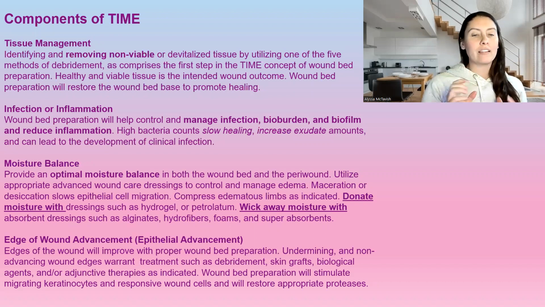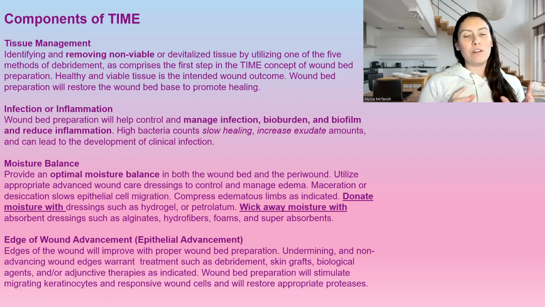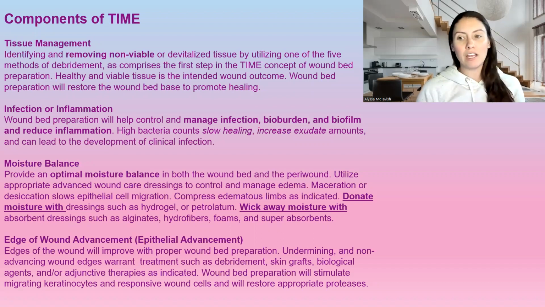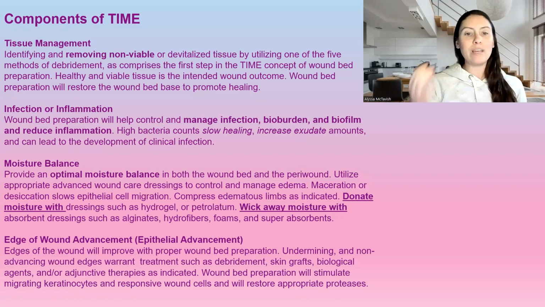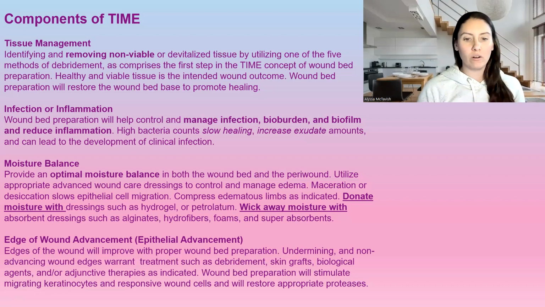So we're doing tissue management, we're removing the non-viable tissue. Infection and inflammation, do we have it? Do we have bioburden? Do we have a biofilm? Do we need to reduce inflammation? What's going on, okay? Moisture balance, we want just an eyeball moist wound, okay?